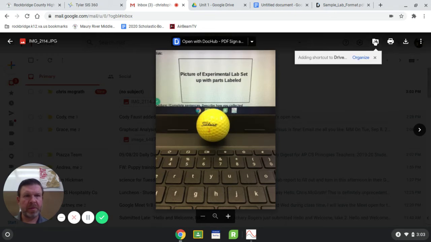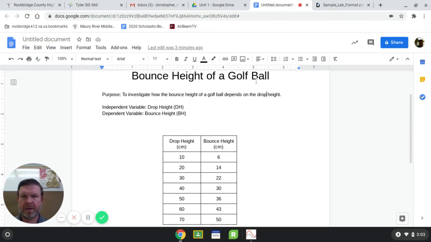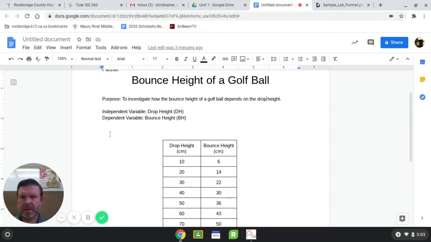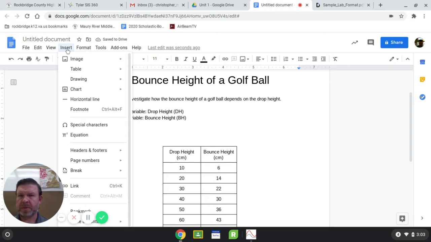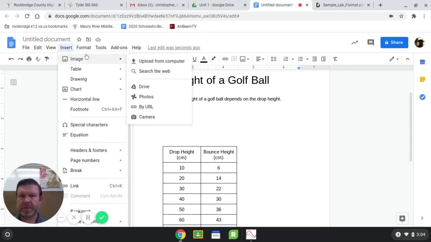And I'm going to add it to my Google Drive. And then I'm going to go back to my document here. And I'm going to type apparatus. And I'm going to insert an image.